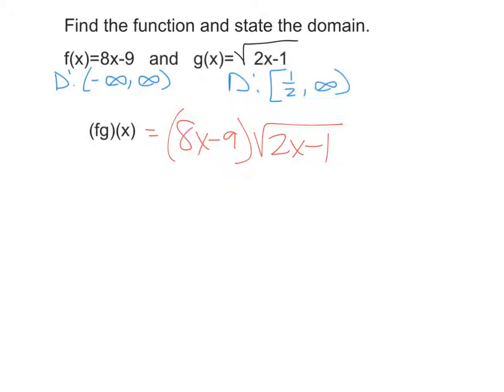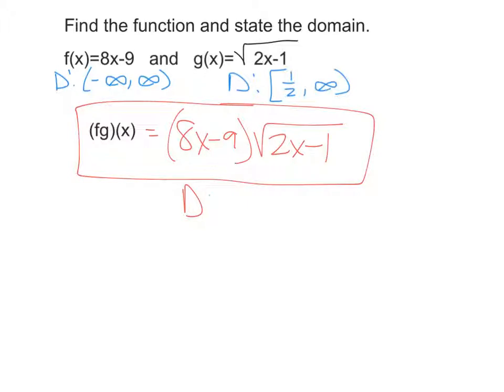And you cannot FOIL, you cannot work that through because of that radical symbol. It just is what it is. And then our domain, just like our other two, is going to end up being from 1/2 to infinity. And that's just because the only restrictions we have are on that second one. Super easy, right? Cool, let's do one more.